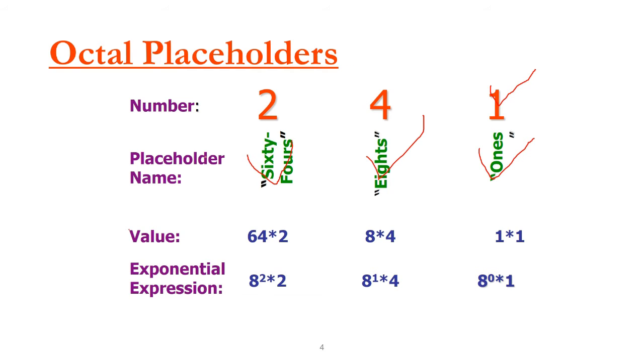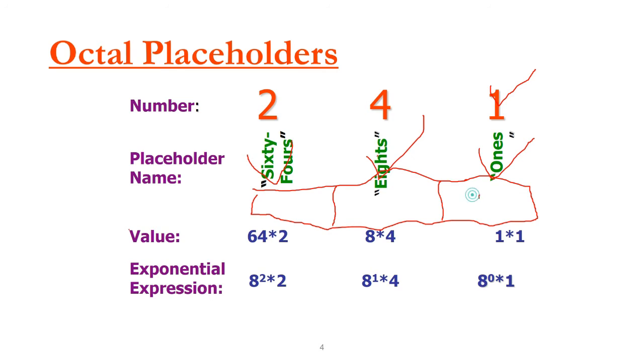If we try to construct a box like this, there are 3 segments because of these 3 digits. So it will have a place value or placeholder or weightage, whatever you call it.